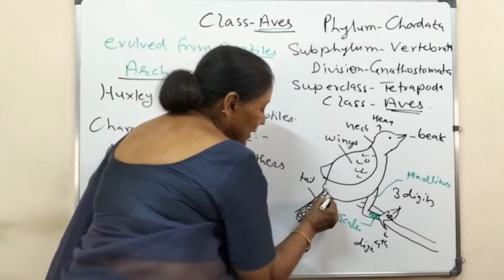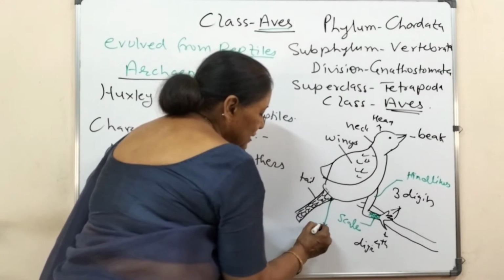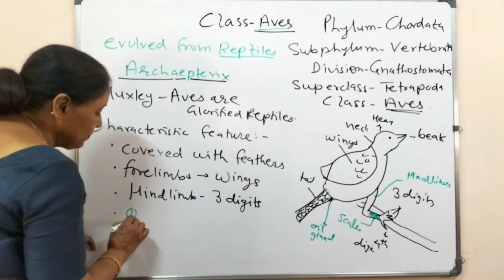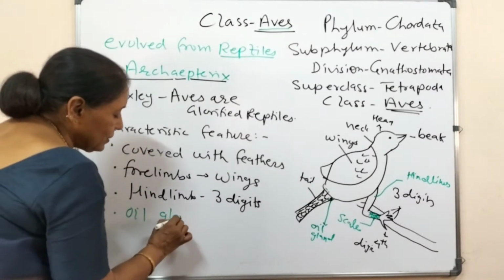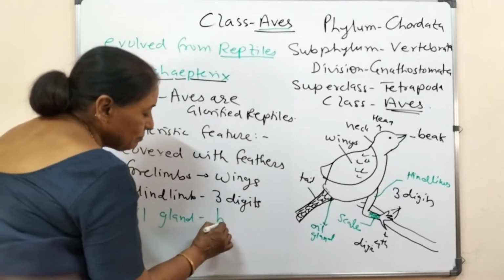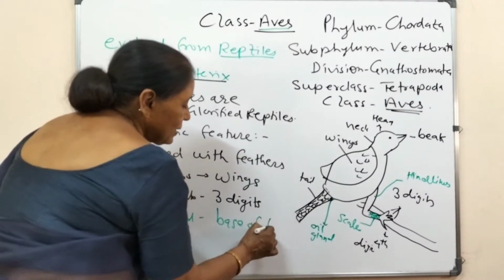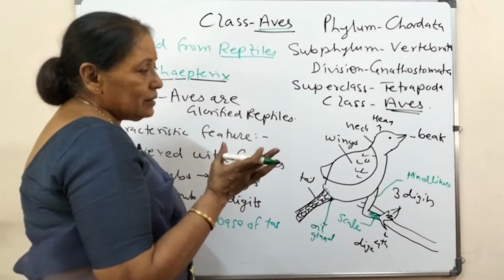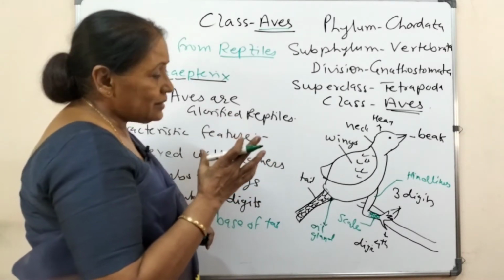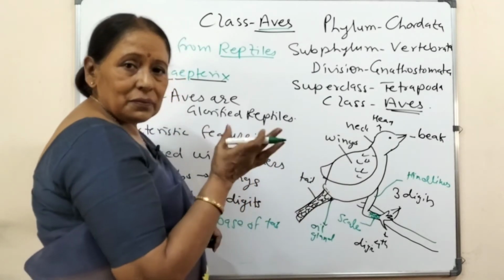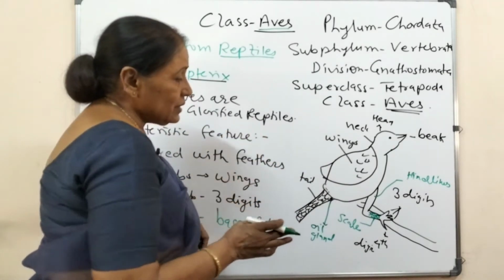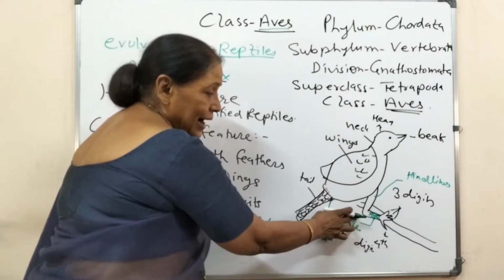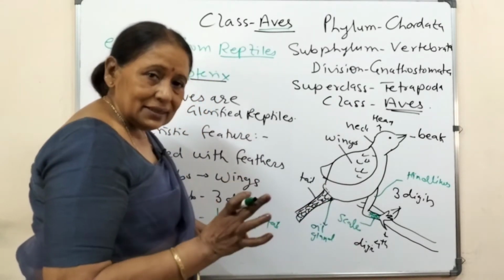These morphological features you can see from outside: the beak, the head with its eyes, the 2 wings which are modified forelimbs, a tail attached to the body, and the hind limbs with digits.